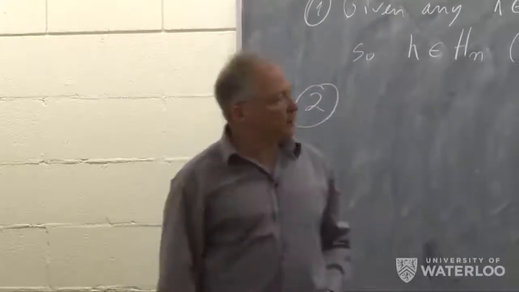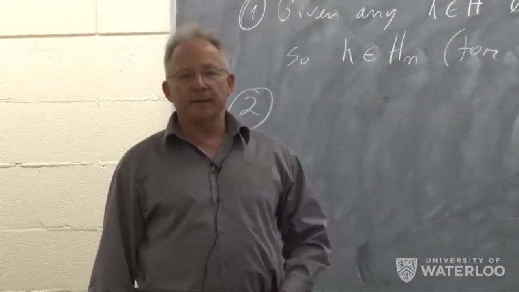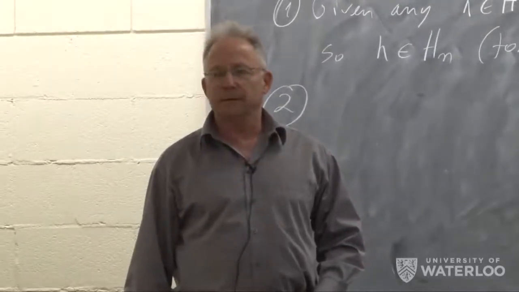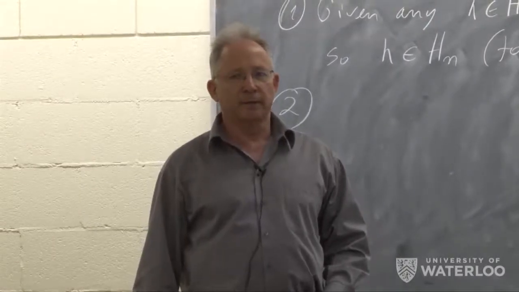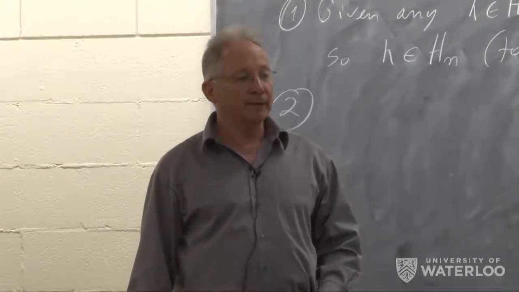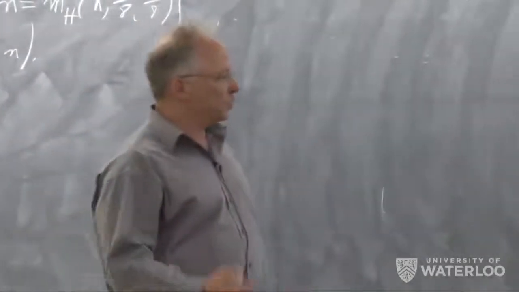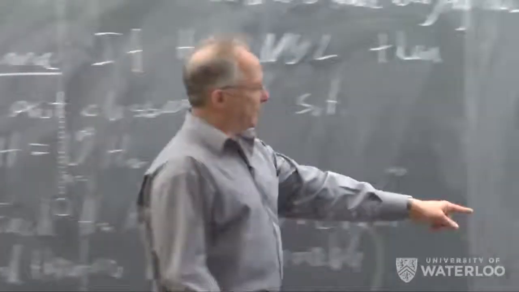How do I know that each of these classes has a finite VC dimension? I want to use the finite VC dimension to show that it's learnable. How do I know that this class has a finite VC dimension?